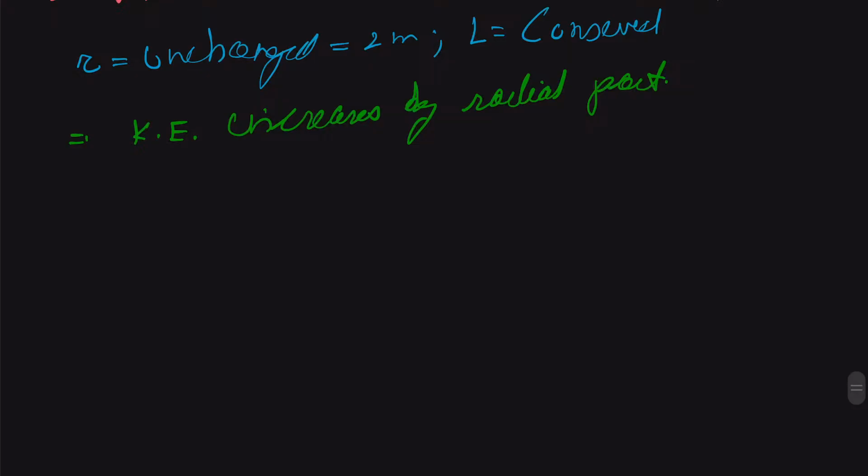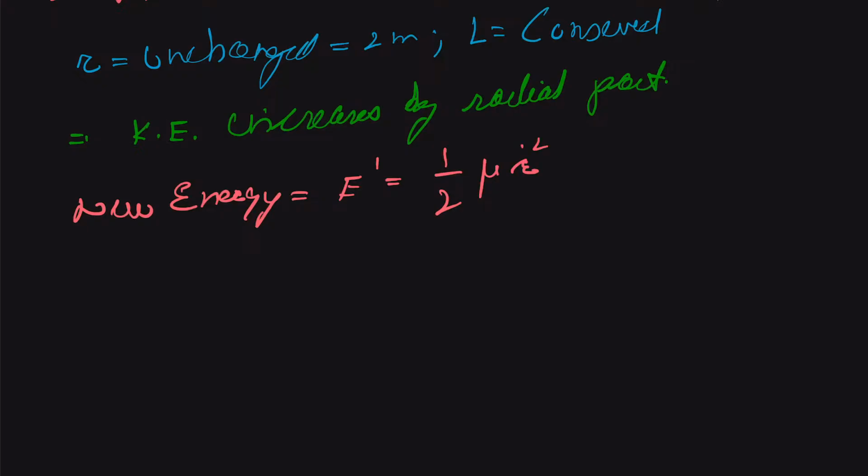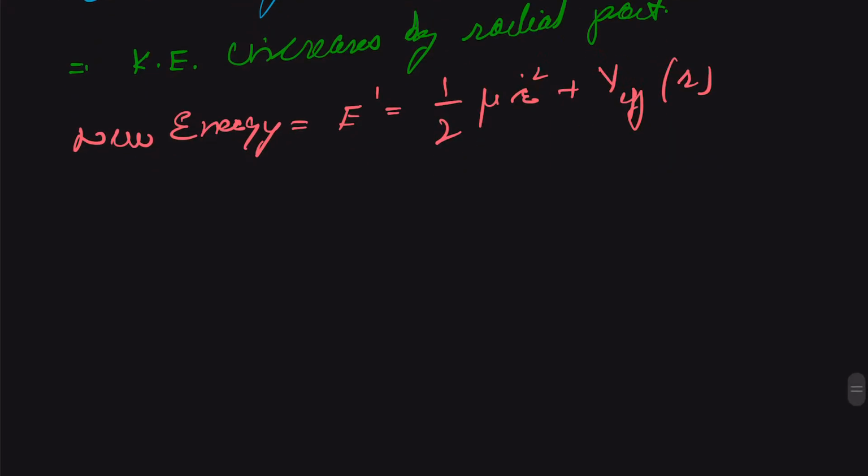Therefore, we can write that our new energy E prime will be equal to half m, m is represented as mu, times r prime square plus V effective potential at effective r, and we can just substitute the value.